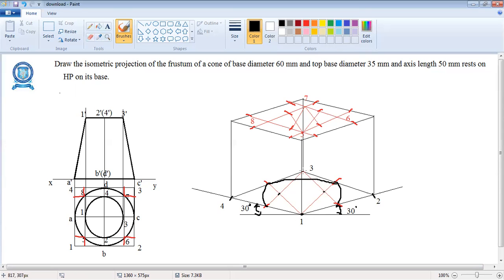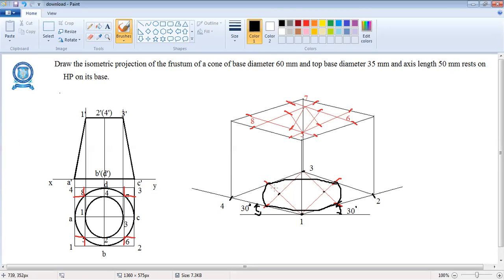And similarly place a compass here, take this measurement, draw an arc. When you use the proper dimension and procedure, you will get a perfect circle here.